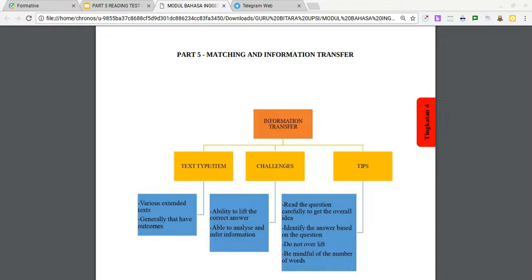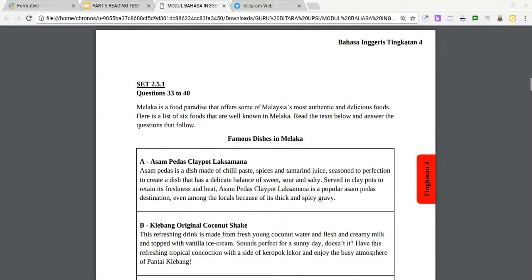Today we will be doing more on part 5 reading test paper 1, which is matching and information transfer. Before that, let me take you to a closer look at what the part 5 reading test looks like.